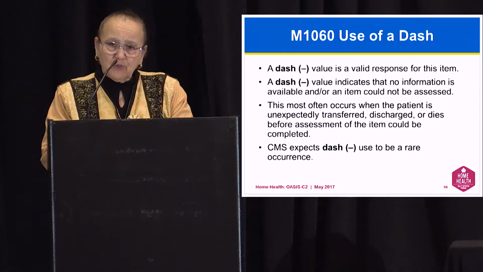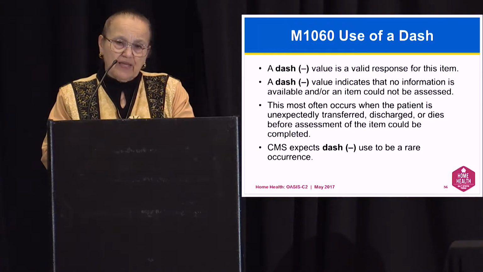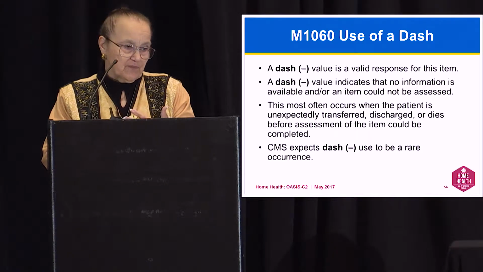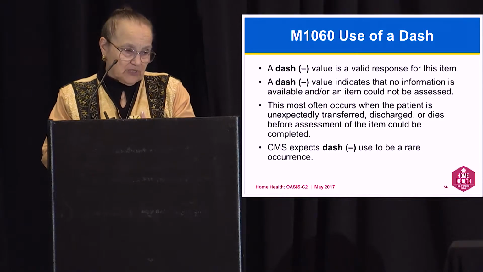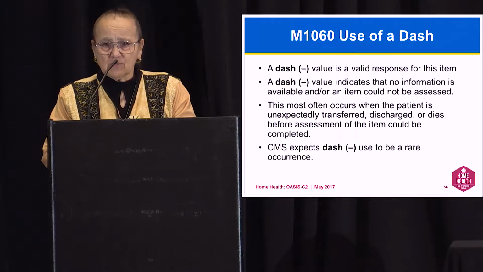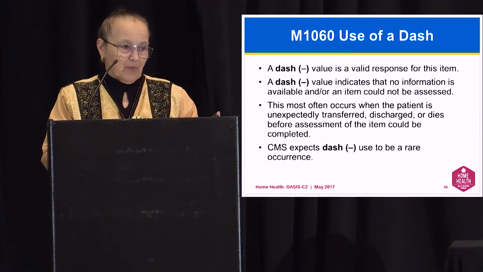Again, the dash value is valid, but only when no information's available and you are unable to assess this item because the patient has been, again, unexpectedly transferred, discharged, or died before you could actually do this. As always, in all of the items we talk about today, the dash is expected to be a very rare occurrence.